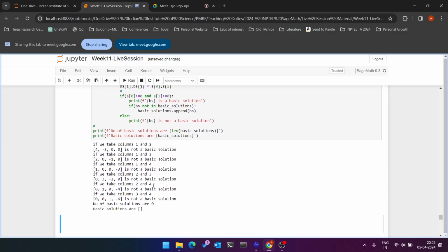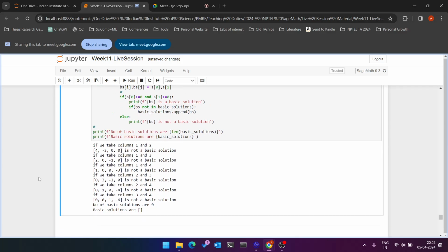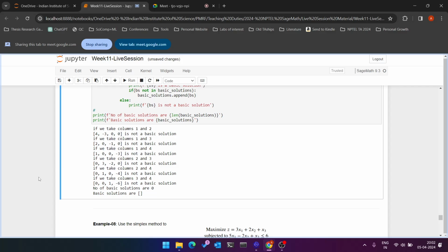First and fourth, second and third, second and fourth, and third and fourth. So basically we go through all six pairs of columns, and everywhere we find the solution xB equal to B inverse times b. Unfortunately, xB is not non-negative in any of these cases, making this problem have no basic feasible solutions.